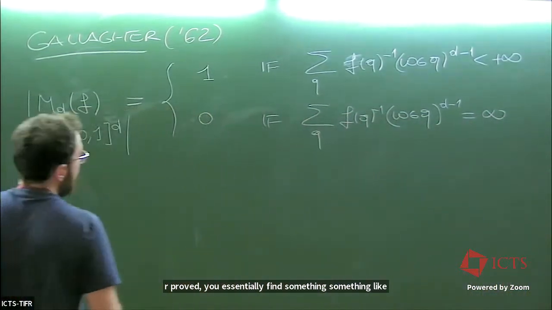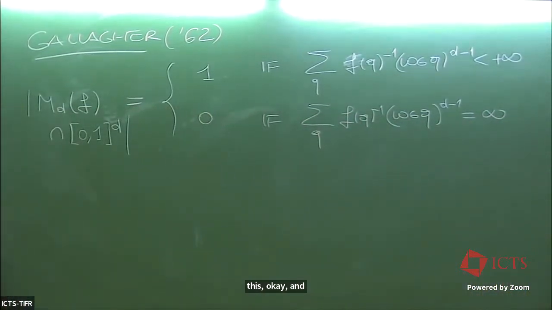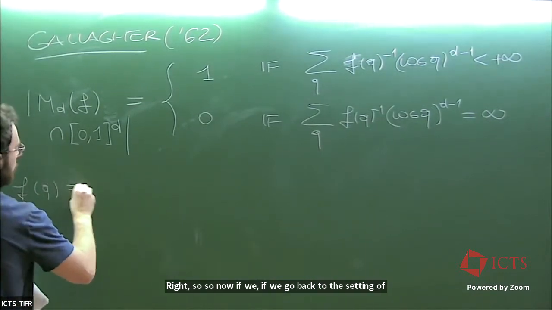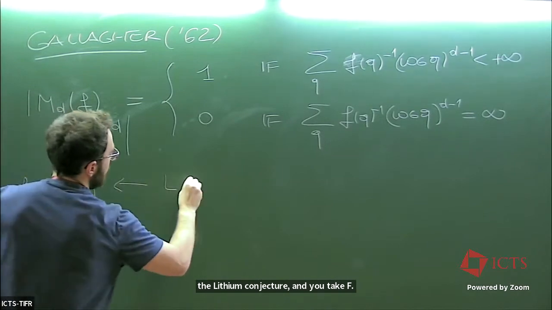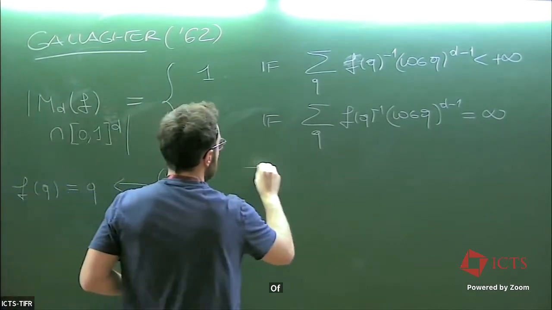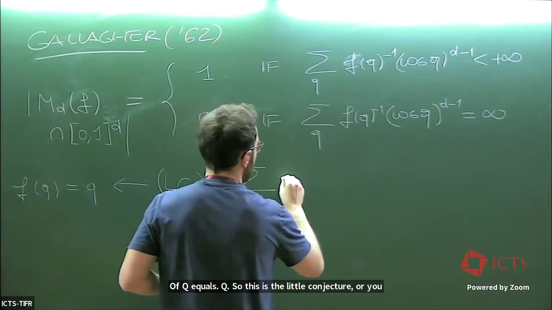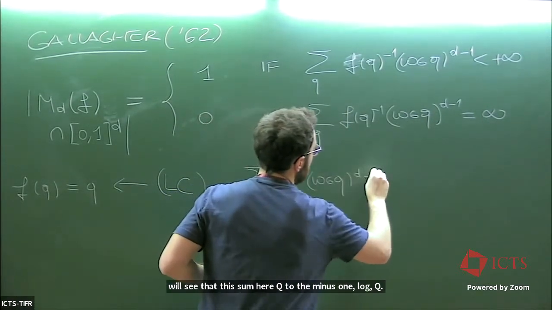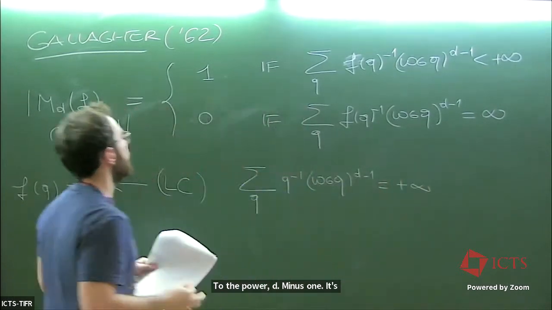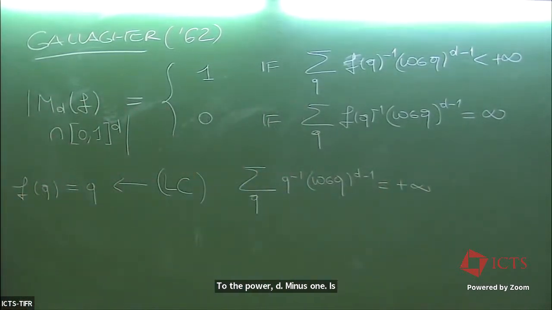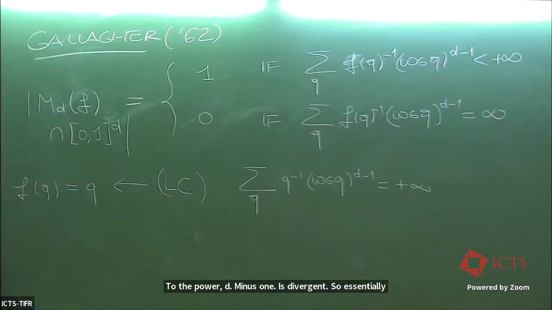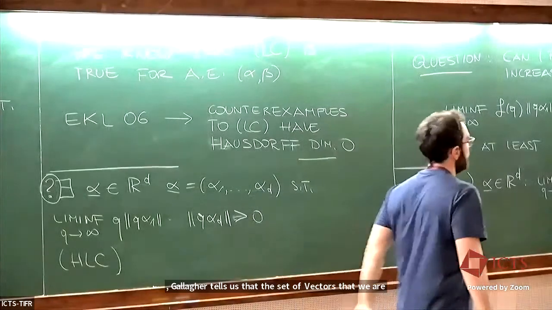Right, so now if we go back to the setting of the Littlewood conjecture and you take f(q) equals q, well, you will see that this sum, q^-1 (log q)^(d-1), is divergent. So essentially, Gallagher tells us that the set of vectors that we are trying to find has measure 0, right?